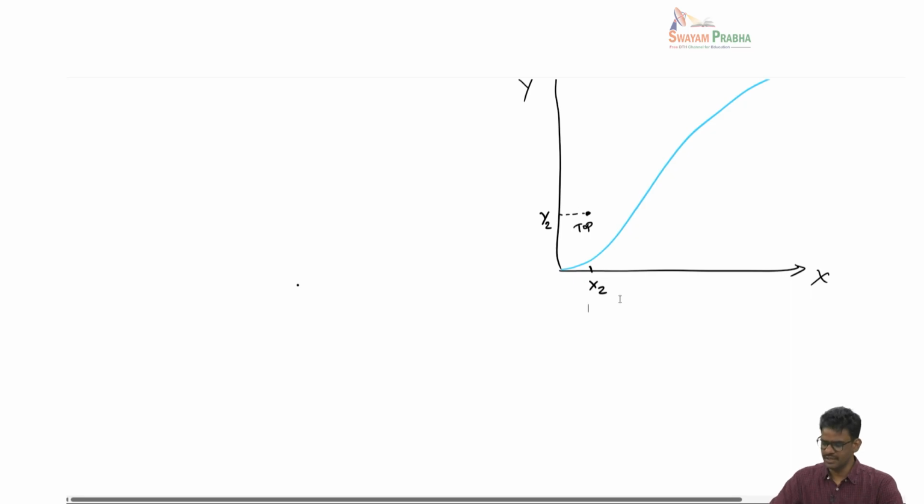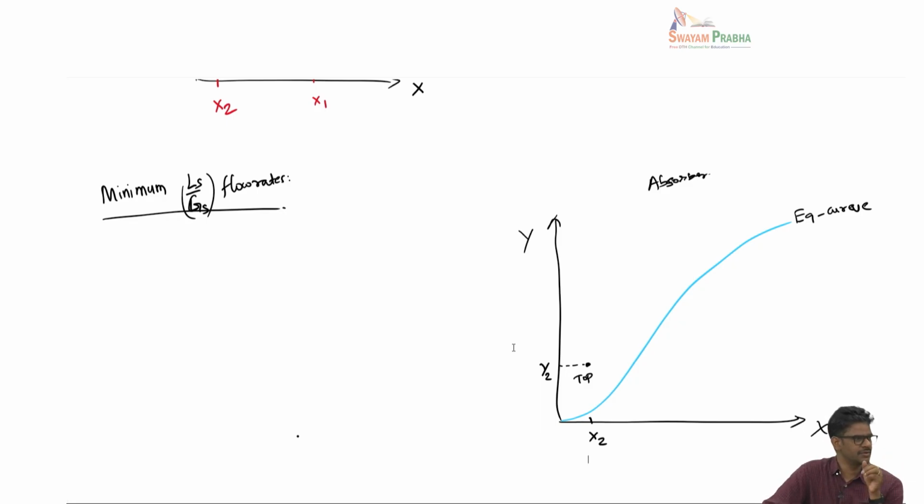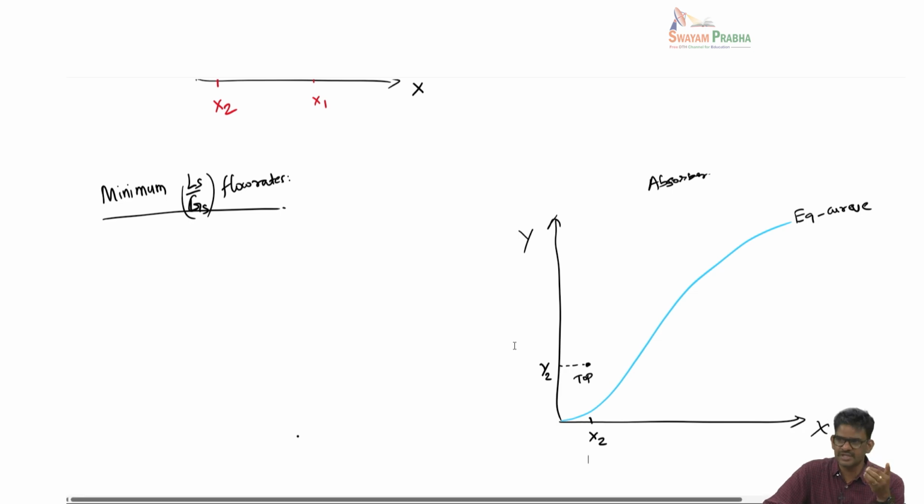What it basically means is the incoming liquid will have a particular composition of the solute. This is specified because we know which liquid we are sending and we know its composition. Y2 is the target separation that we want to achieve. We want to say, I want the outlet gas to have only 1% of the solute, or it should be 99% clean. So that's a design specification. So in an absorption problem, we pretty much know or specify what is the composition at the top of the column.